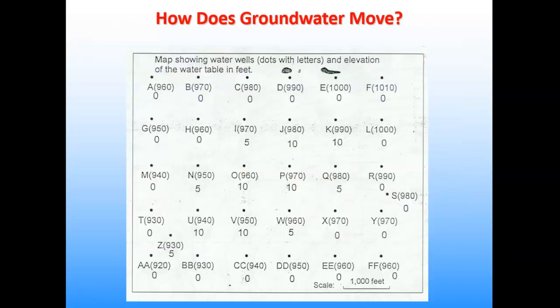Okay. So as an example, what we would do is, let's say that these little dots here represent wells. And we've drilled into the ground at each of these locations. And the number you see is the elevation of the water table above sea level. And so it's just like making a topographic map.